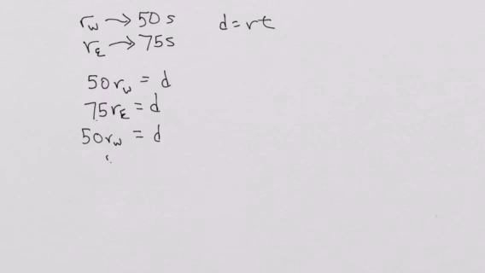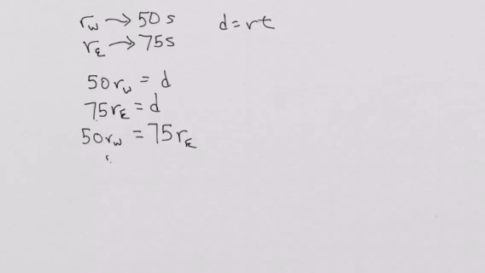Let me say 50 R sub W equals D, and 75 R sub E equals D. So those things must be equal to each other: 50 R sub W must equal 75 R sub E. Now I have this equation, and I'm really trying to stick all this stuff into this equation.